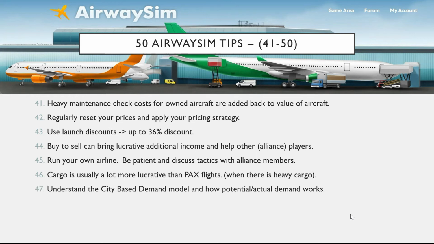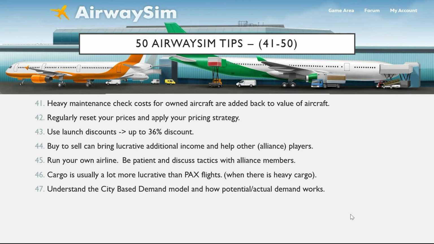When you do cargo, point 47 is very important: understand the city-based demand model and how potential and actual demand works. Cargo is run on a new model called city-based demand. So it's the demand between 2 cities, and it could have multiple airports in that region, whereas passenger flights are still on the old model. Passenger will eventually go into the city-based demand model as well, but we don't know when that will happen.